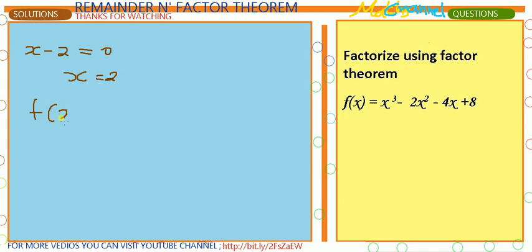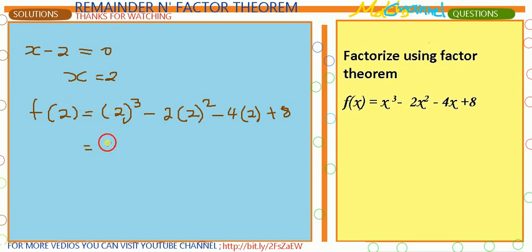And then substituting the value into the equation here, and then when you substitute the value and solve, you have 8. 2 times 2 squared, it's 4 times 2, it's 8.